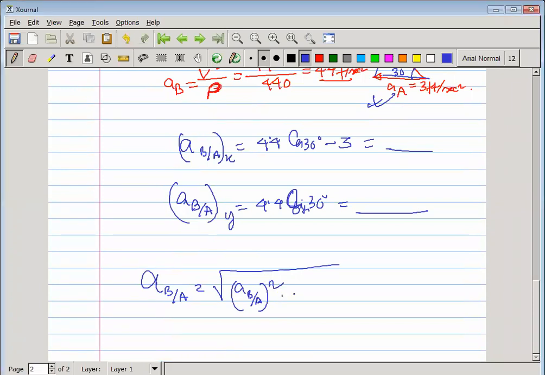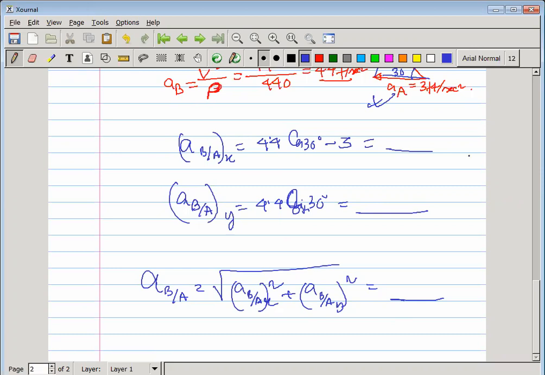Please solve yourself. Please tell me, 4.4 cos 30 minus 3.